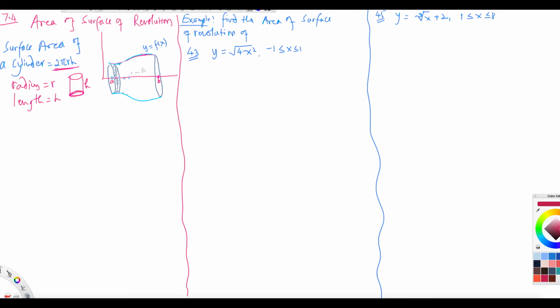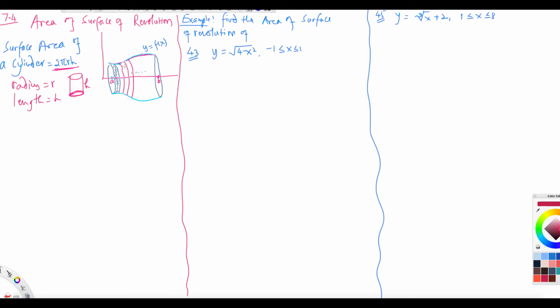Now to find the surface area of this cylindrical shape, which is not exactly a cylinder, what we do is cut it into several discs. This is the first disc I cut, this is the second disc, the third disc will look like this, the fourth disc like this.